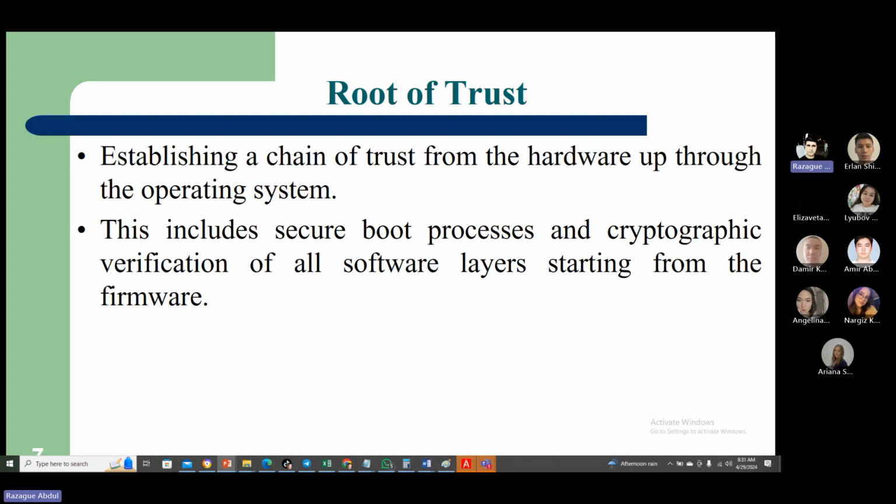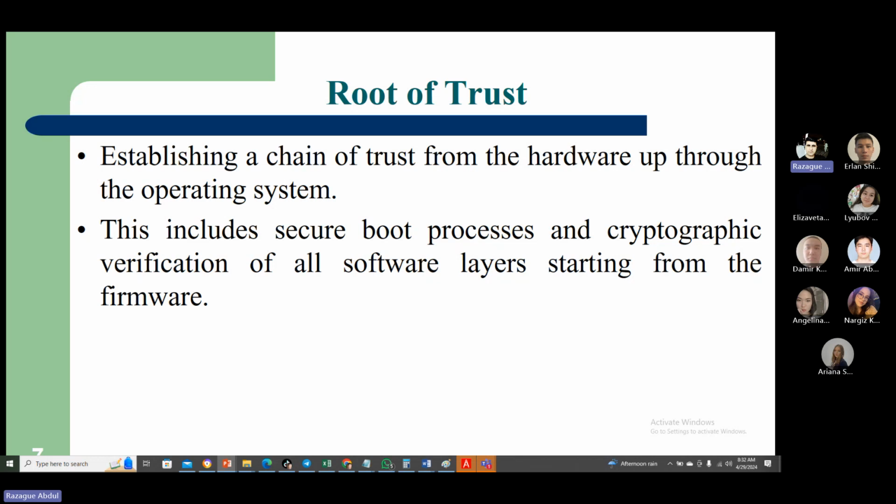during or after boot. So what are the benefits of root of trust? The first important benefit we are going to get from the root of trust is enhanced security. It provides a robust defense against rootkits, bootkits, and other low-level malware.